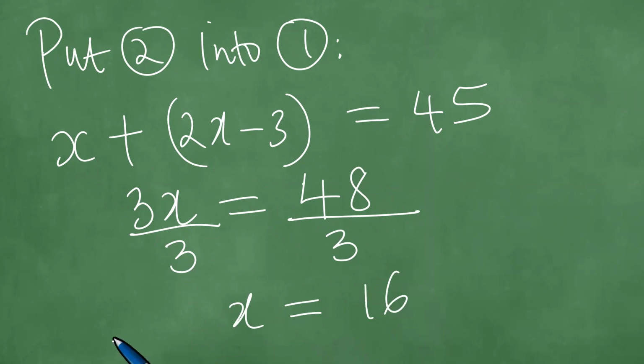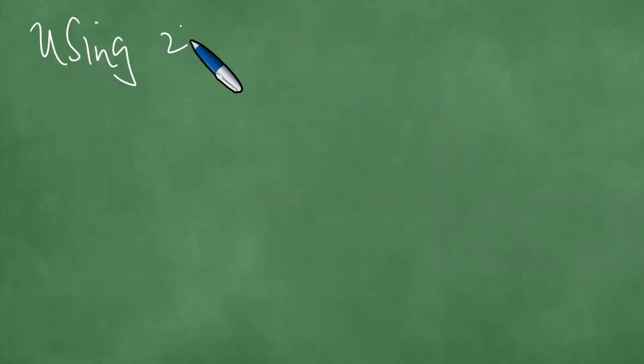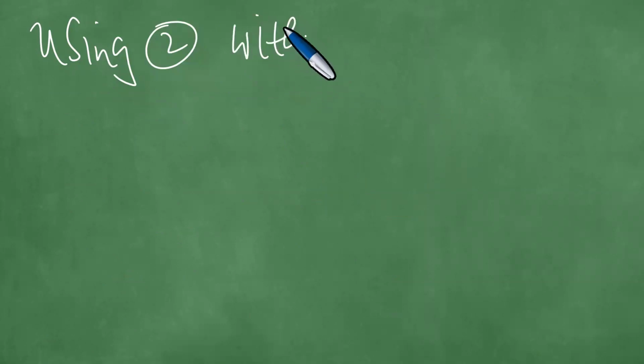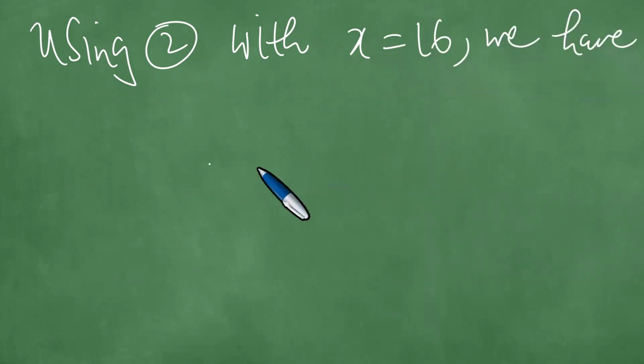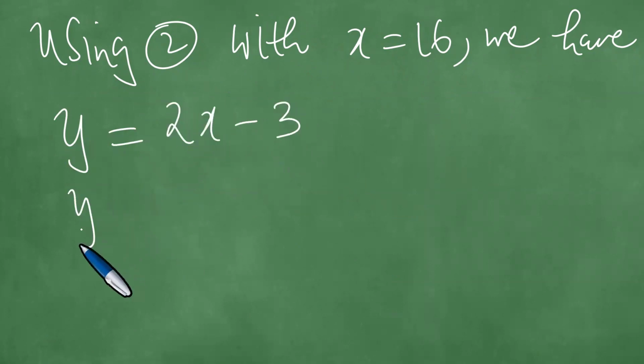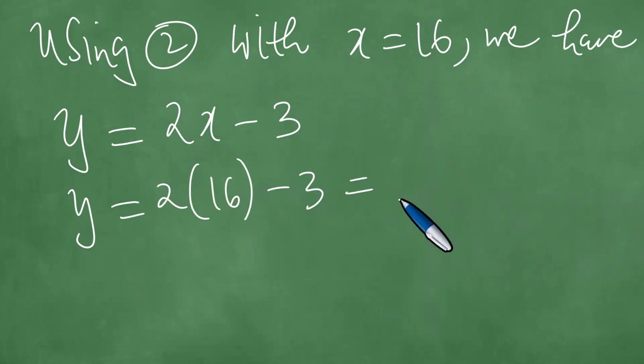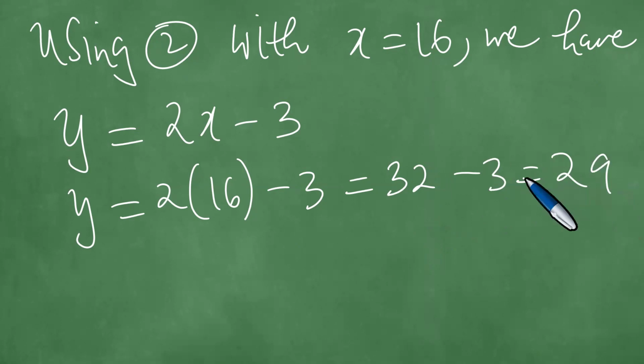Now, using equation 2 together with x equals 16, we have y equals 2x minus 3. Twice 16 is 32, minus 3, and this gives us 29.